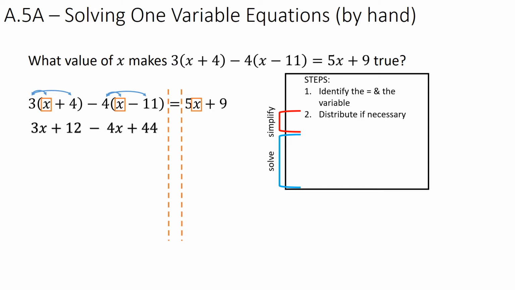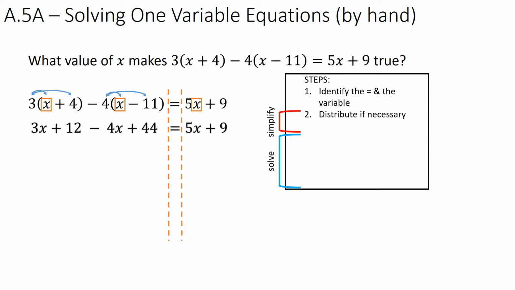And so we have -4x, and then +44, because a negative times a negative, -4 times -11, is +44.